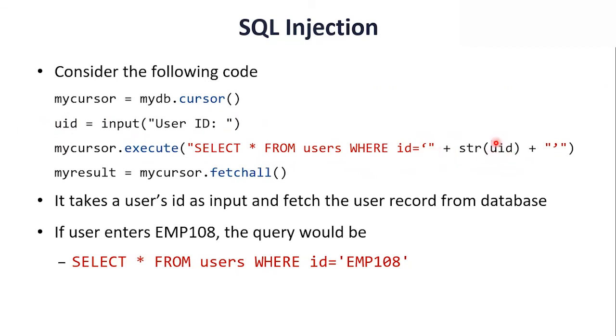We convert it to a string and concatenate it with the string here. So if the user enters the ID as 10, this would become select all from users where ID equals 10, and we fetch the result. If the user enters something like EMP108, the query would become select all from users where ID equals EMP108. So it is a pretty simple program that seems to be working.